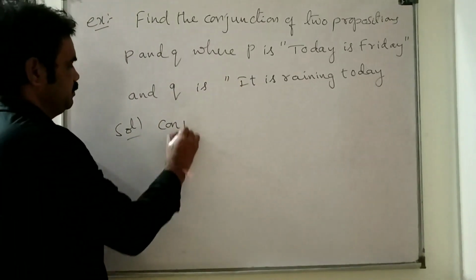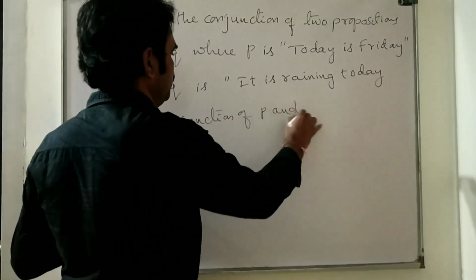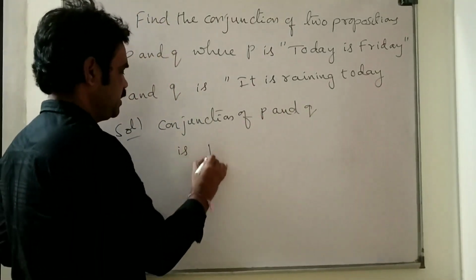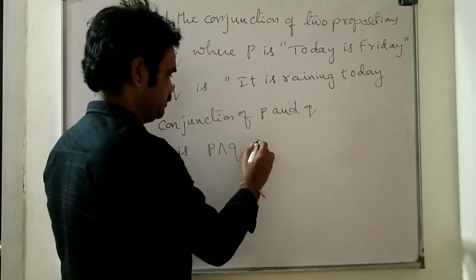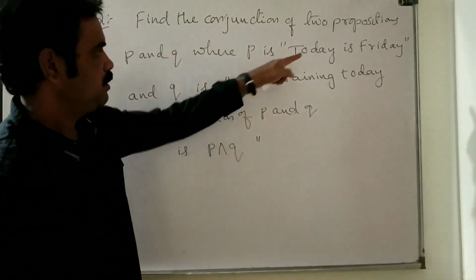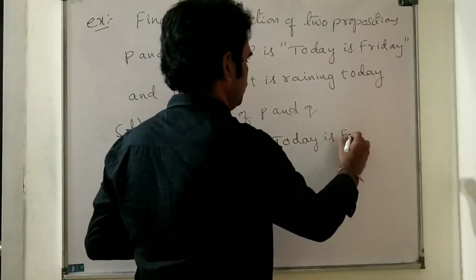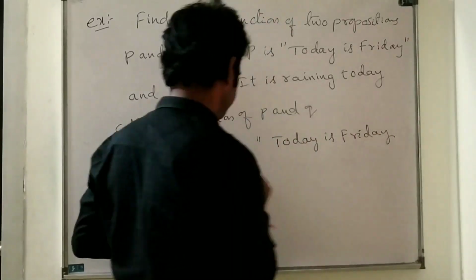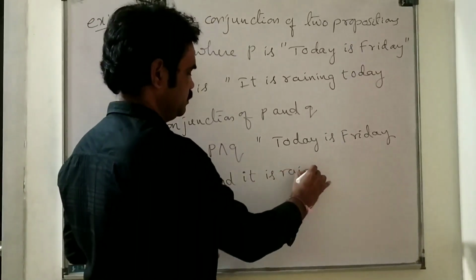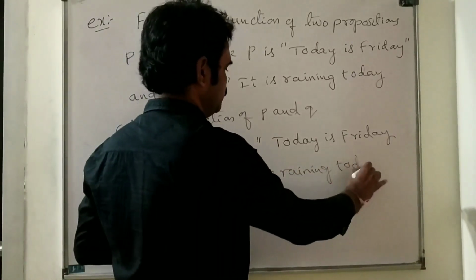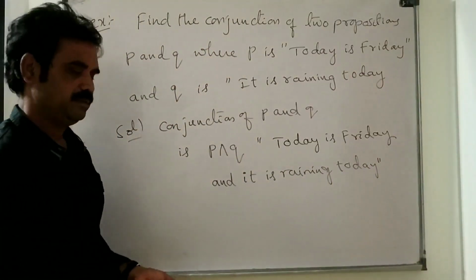The conjunction of P and Q is the statement P ∧ Q, which is the proposition: today is Friday and it is raining today.